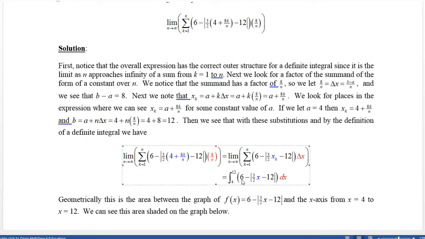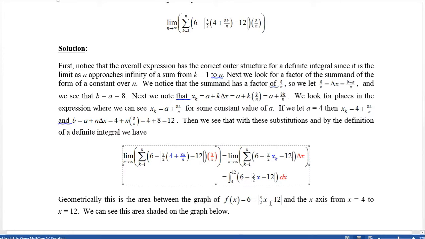So we also know about integrating functions, what it means geometrically. Geometrically, that means that, at least as long as this is above the x-axis, we're talking about an area below this curve and above the x-axis on the interval from 4 to 12, x equals 4 to x equals 12. So let's graph that.